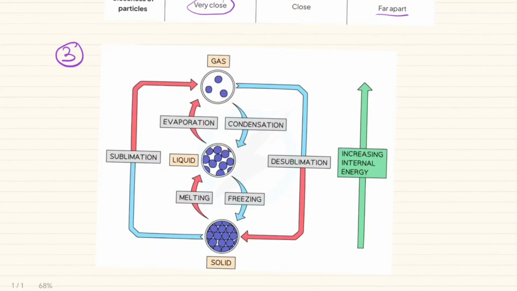And first, solids. Let's start from the bottom section here. Solids are turned into liquids by melting. I think everybody knows what melting is, and the reverse process is freezing, which is turning liquid into solid.